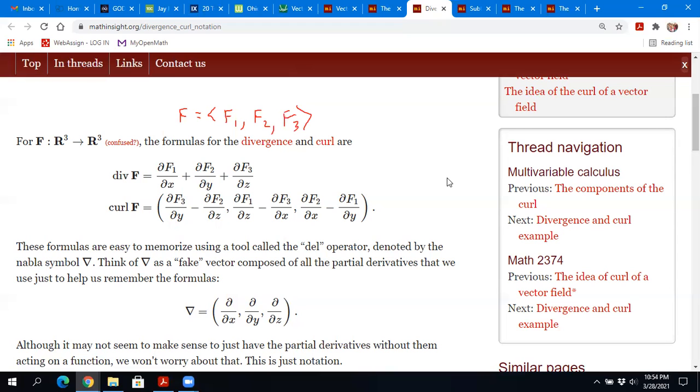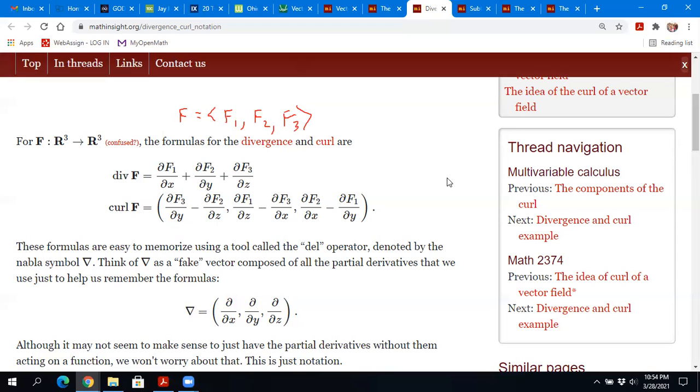For the divergence, you essentially just want to measure how much change is taking place in the first coordinate. Like, am I tending to gain material in the x direction or not? It turns out that's precisely measured by taking the x derivative of the first coordinate. And then you ask, am I tending to gain or lose material in the second coordinate?